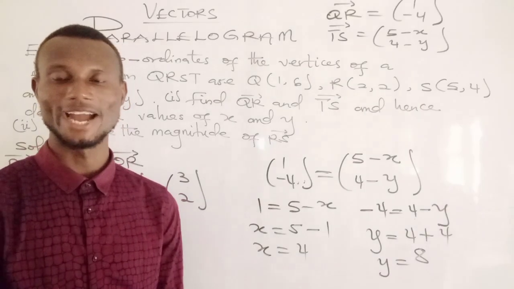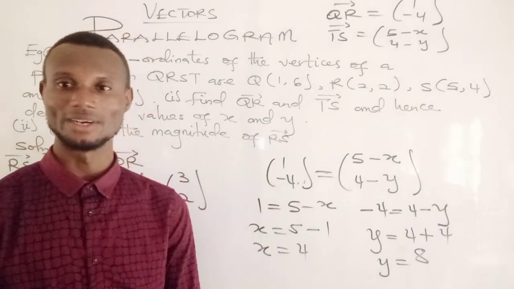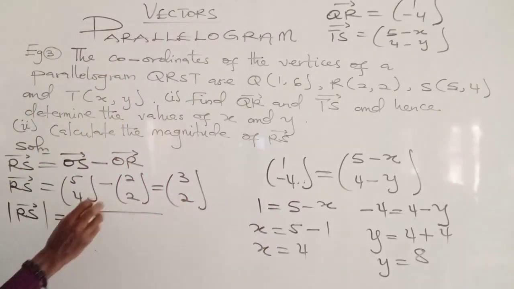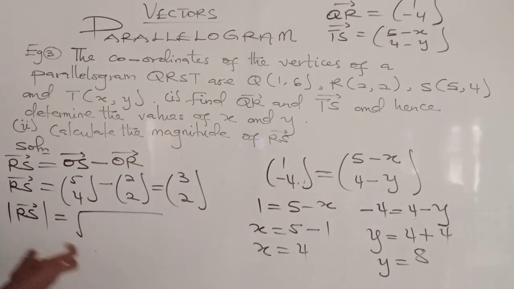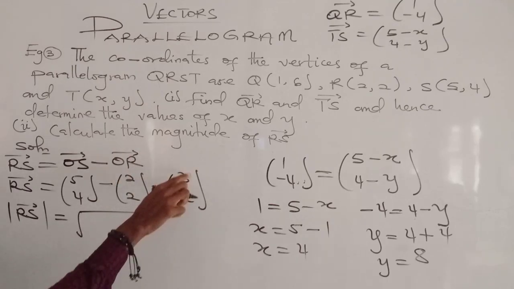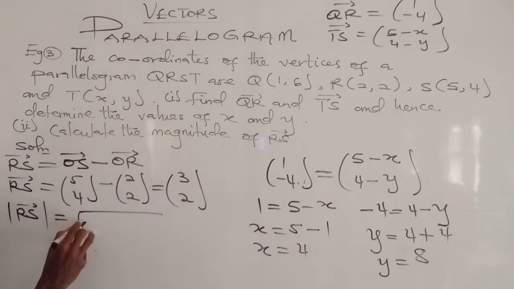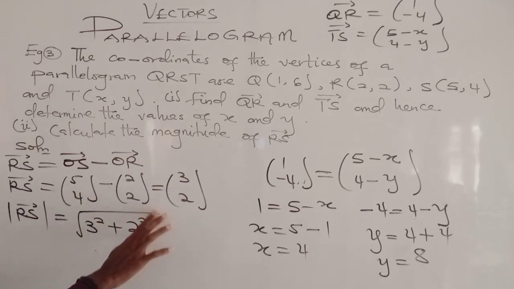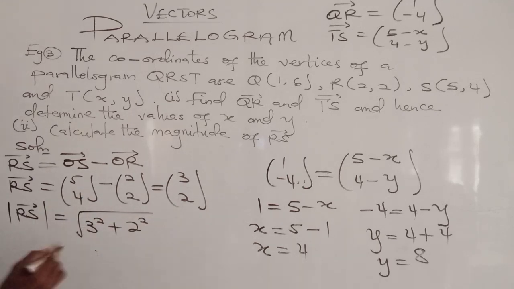That's how to find the magnitude or the length of any given vector. So when I take this 3 here, I will square it, plus when I take this 2 here, I will square it as well. From here, we just need to simplify further to get our final answer.